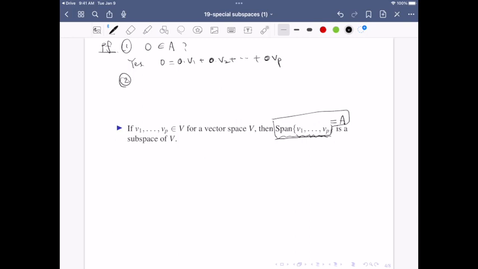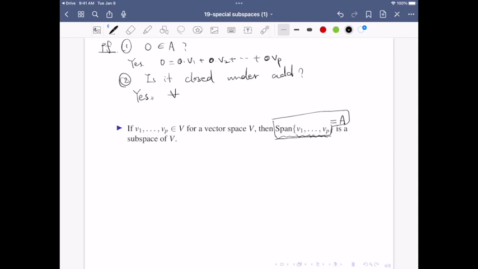Now, second question: is it closed under addition? The answer is also yes, because if you're given 2 vectors from A, you can always write these 2 vectors as linear combinations.